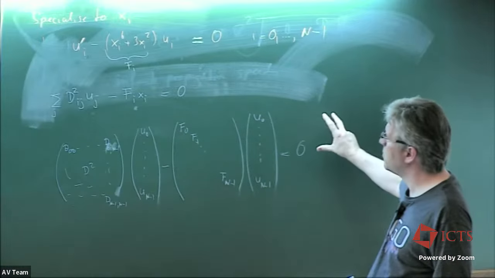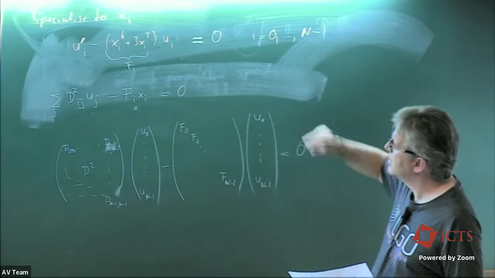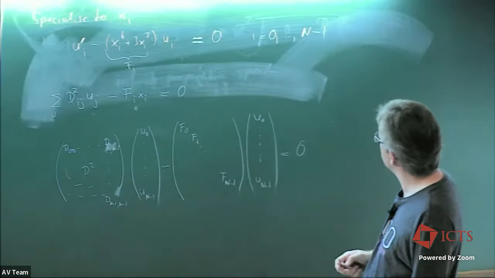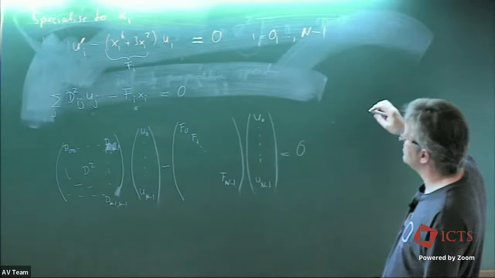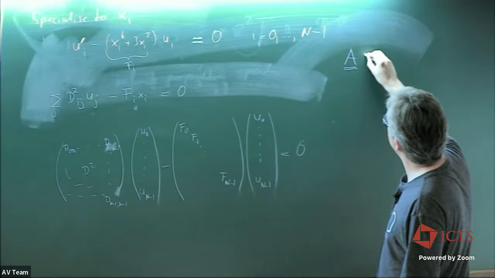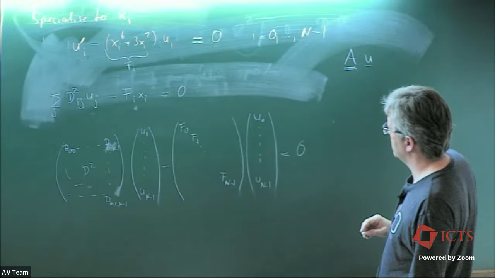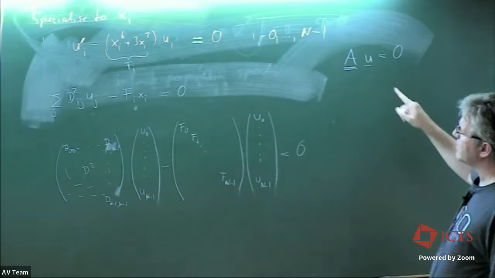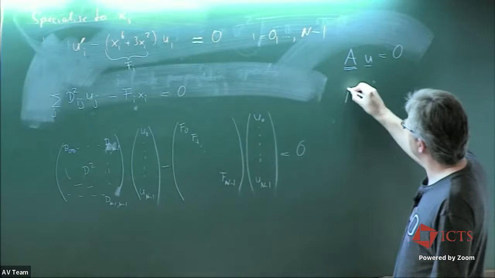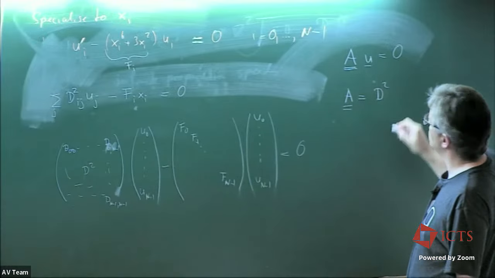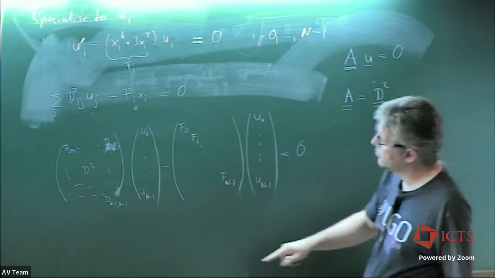So we have now a matrix equation that takes the form of A u equals 0, where at that point the A matrix is our second order differentiation matrix from up here in front.